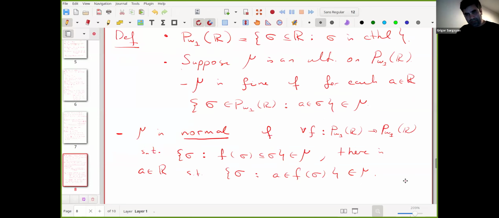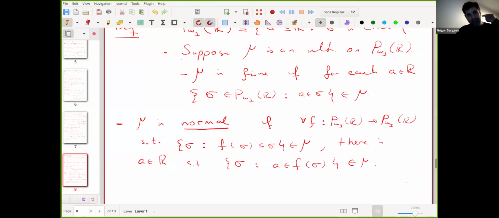In the usual normality, we say we have a function f such that f(sigma) belongs to sigma. Then you can find A such that on a measure 1 set, f(sigma) equals A, right? The usual definition will say belongs here and equality here. That's the usual definition.